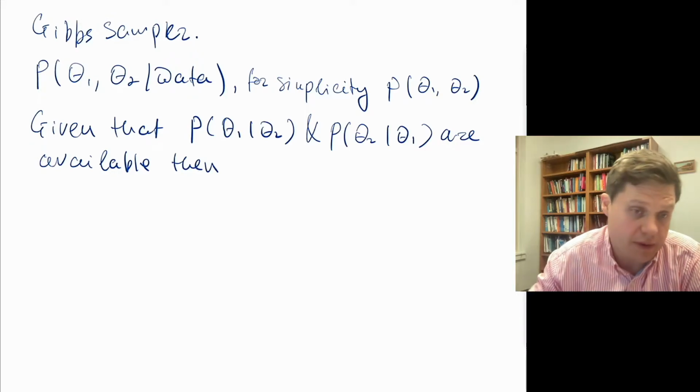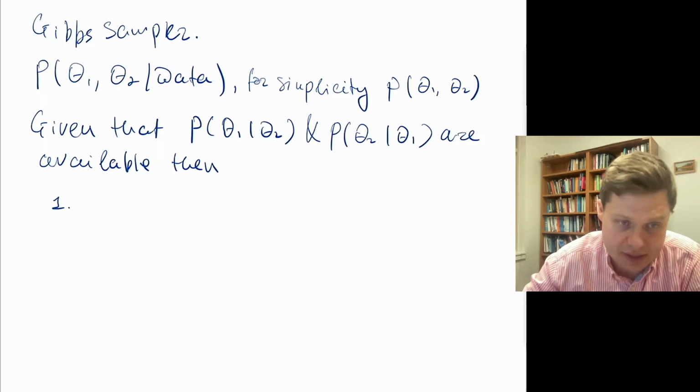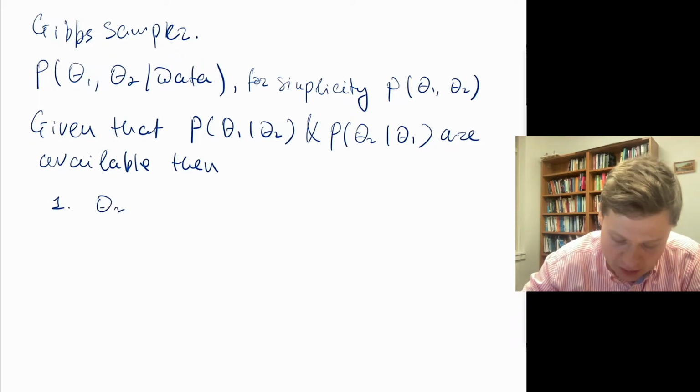then we can write down the Gibbs sampler, and the Gibbs sampler is just: you start by sampling theta 1.